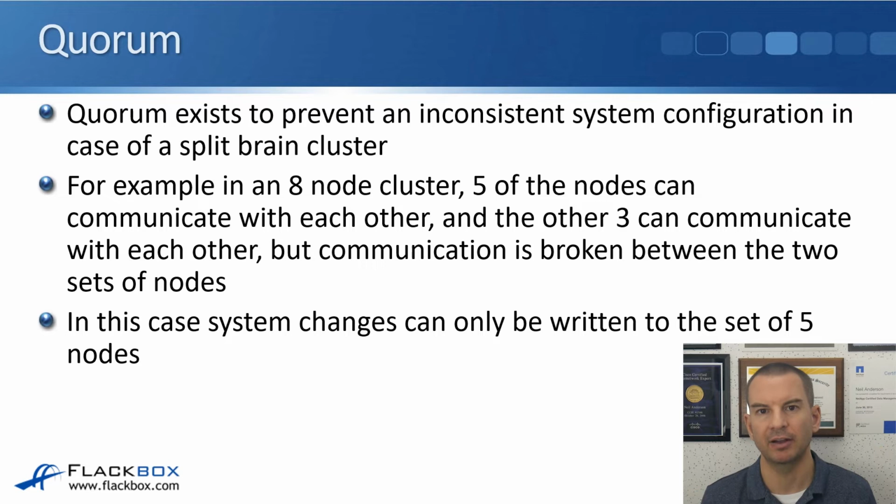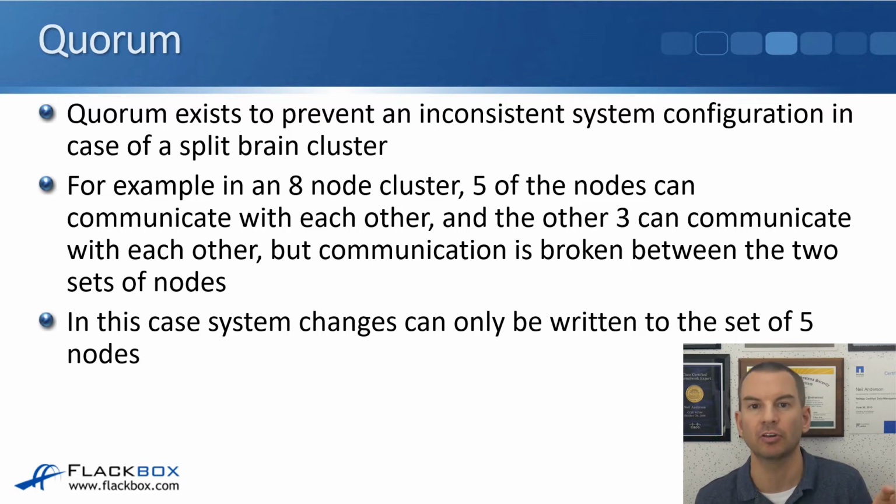And the reason that we have this is if you did have a split brain, if half the nodes in your cluster were split off from the other half of the nodes, you wouldn't want to be able to make system changes to both of those sets, because if you did that, then they would have inconsistent system information.